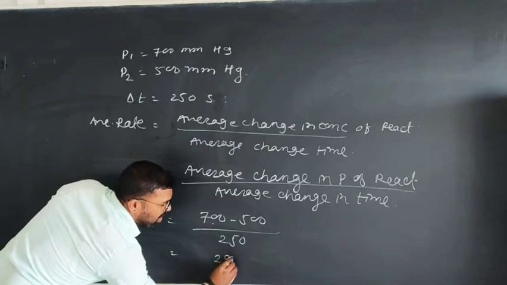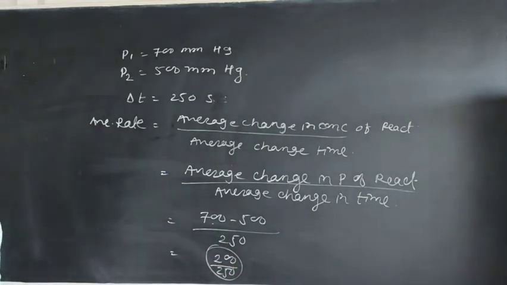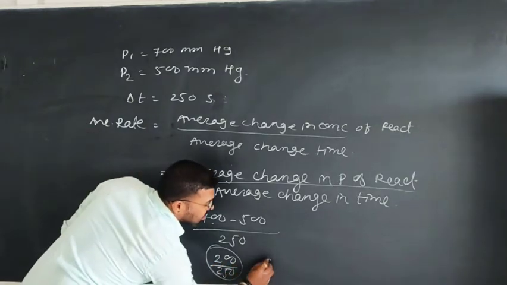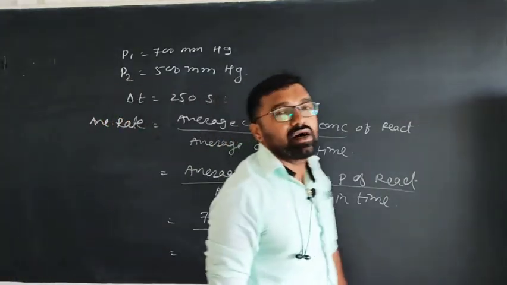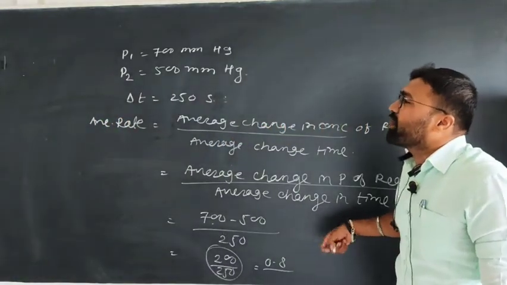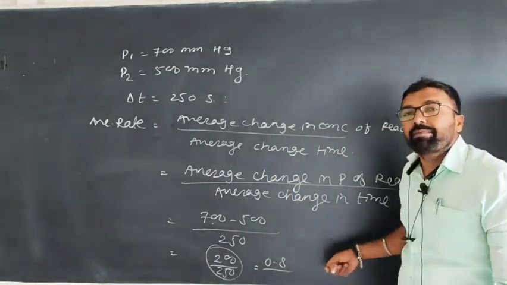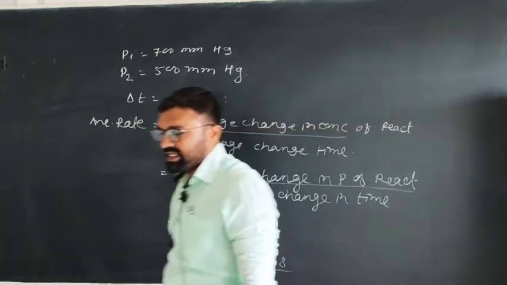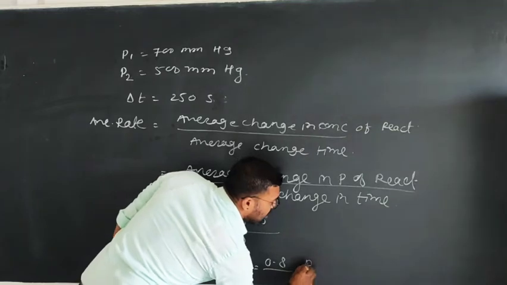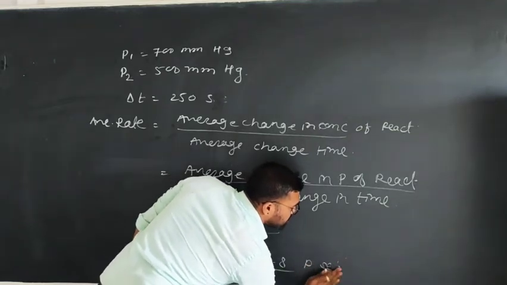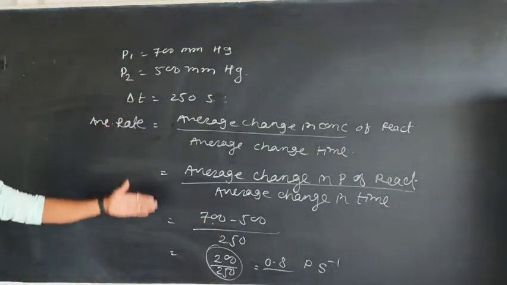Here 200 divided by 250 gives 0.8. That means the average rate of this reaction is 0.8 concentration per second, or you can say pressure per second. The unit is pressure per second. This is the answer of this question.